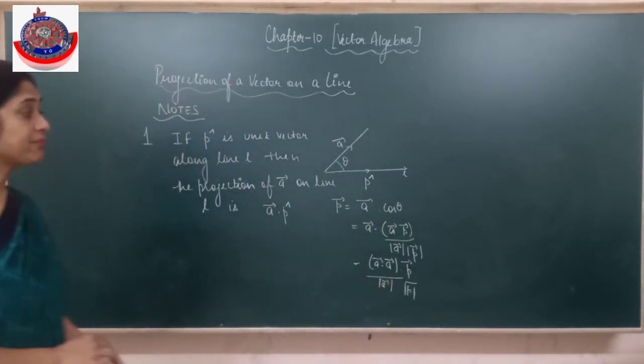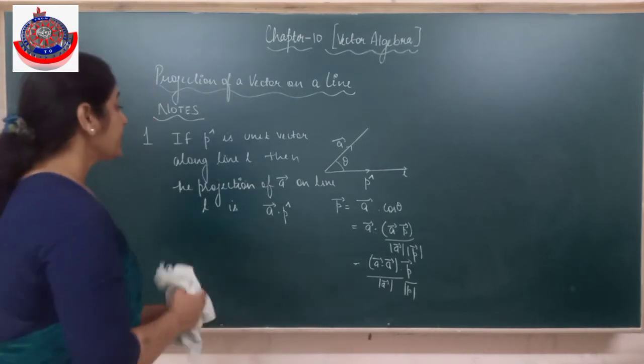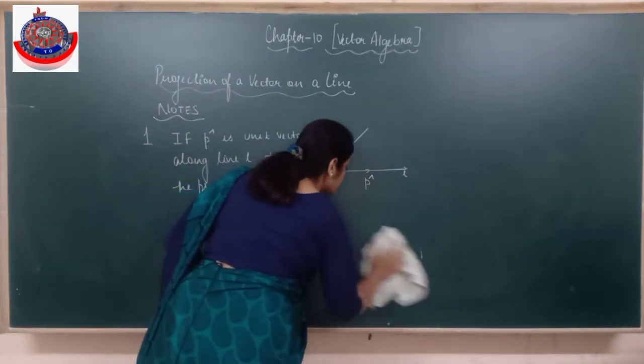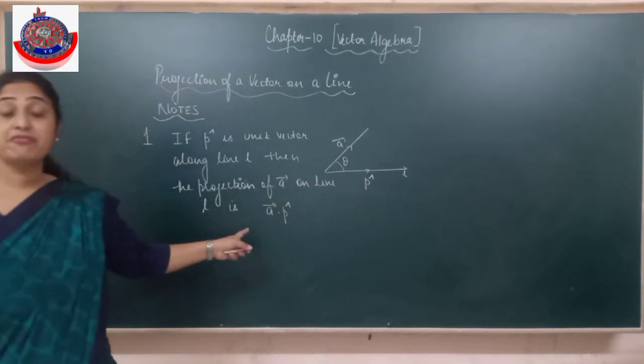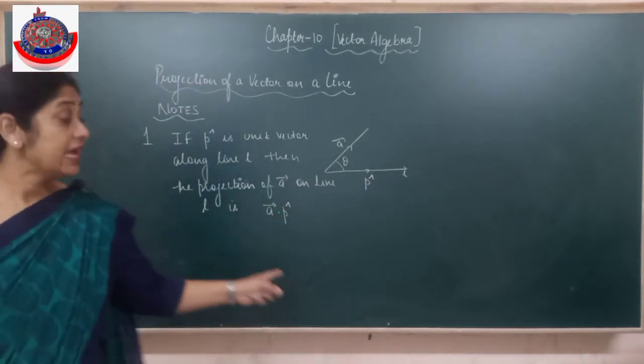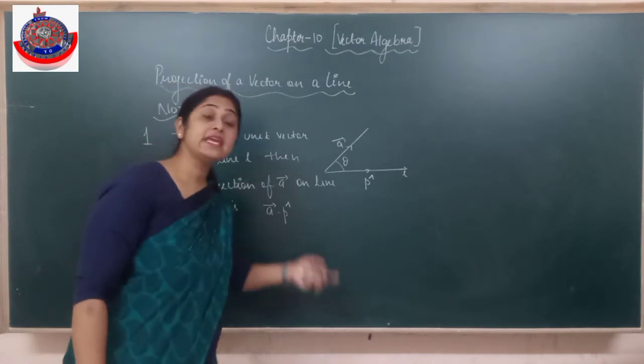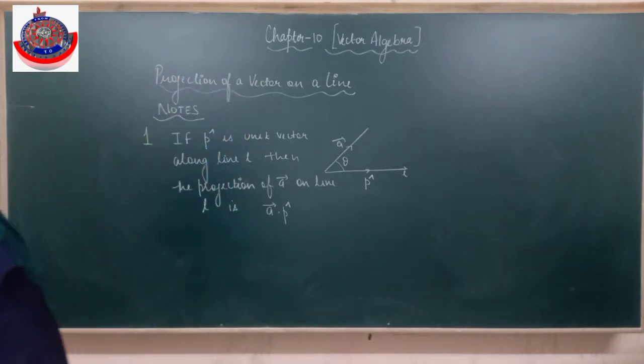P cap. That means if a unit vector along the line is given to me, simply I can find out the projection by A vector dot P cap. Is it clear?